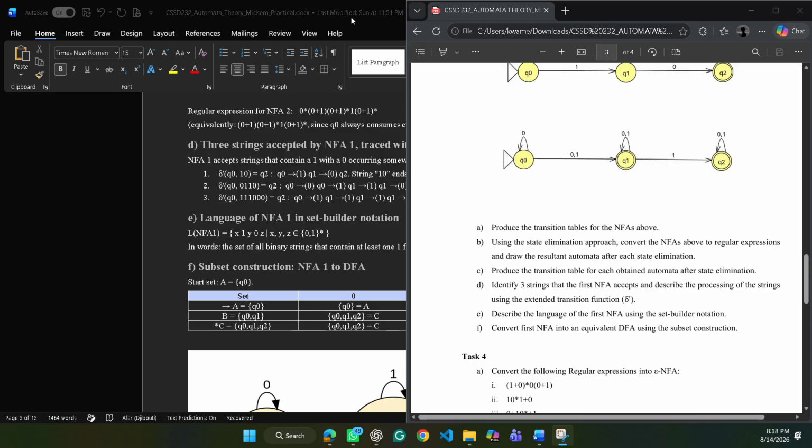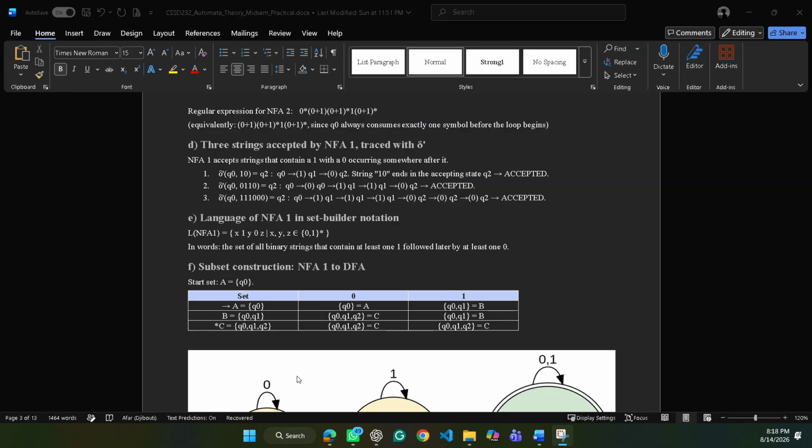Right, let's go to part E. Describe the language of the NFA using the set builder notation.